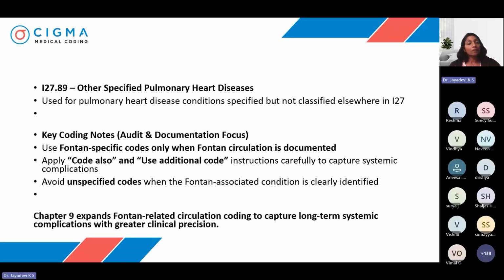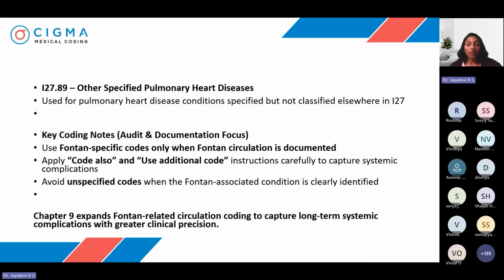Now, other specified pulmonary heart diseases, conditions specified but not elsewhere classified, is I27.89. Use Fontan-specific codes only when the Fontan circulation is documented. And also, you have to check for use additional code instructions given underneath that code.